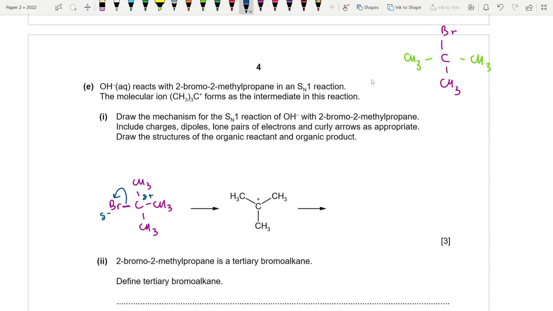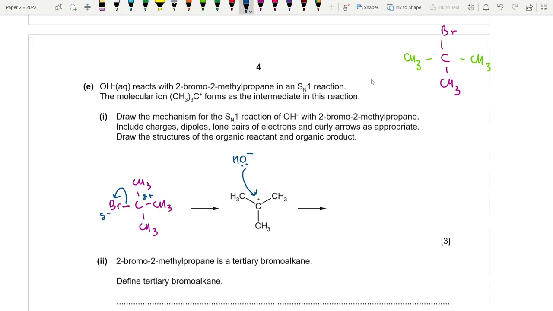Now in the second step, the hydroxide anion, we can write like this. Fine, that's okay. They drew it in a weird way, you don't have to draw it like this. This hydroxide anion is going to attack this positively charged carbocation. Make sure you draw a curly arrow.